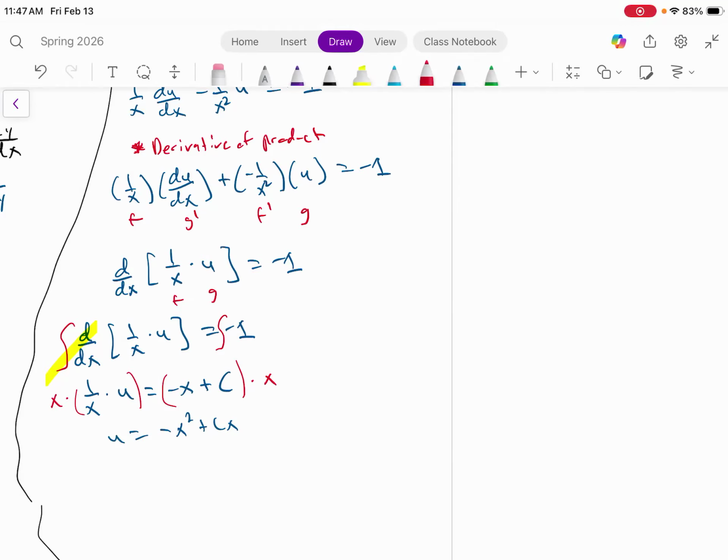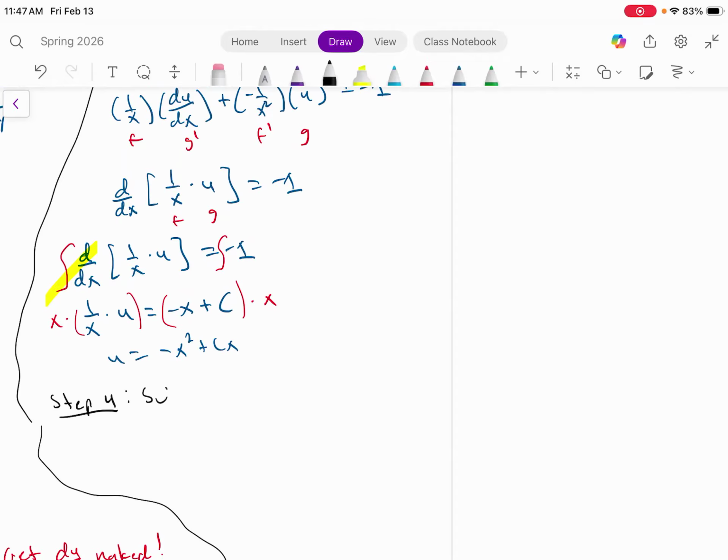So we have our solution, but we're not there yet because our last step is putting this back into terms of y. So here I'll say step 4, substitute back in y. We're just going to substitute y back in.